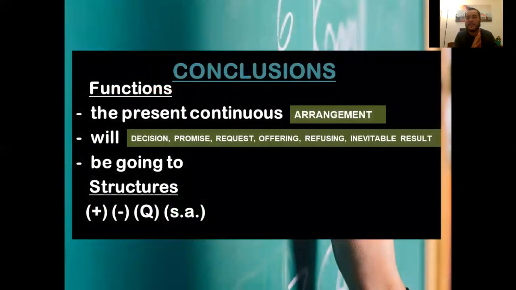I can say that the function in this case corresponds to the grammatical tense, or the other way around, the grammatical tense has a corresponding function: always with the present continuous, arrangements, always. Will: decision, promise, request, offering, refusing, an inevitable result.